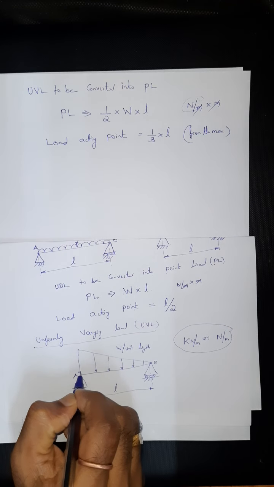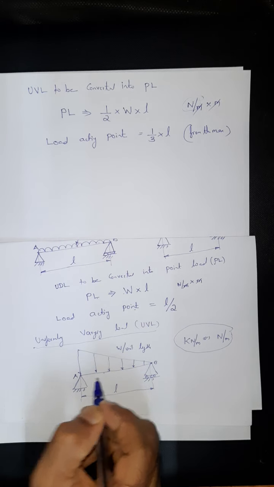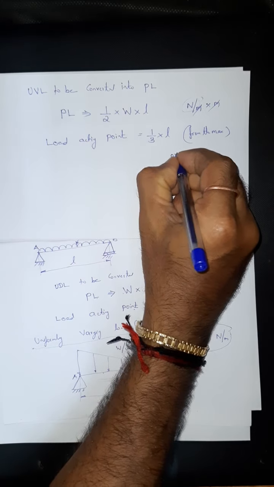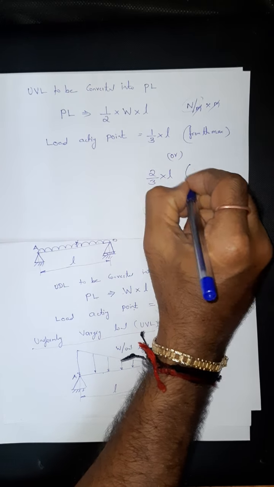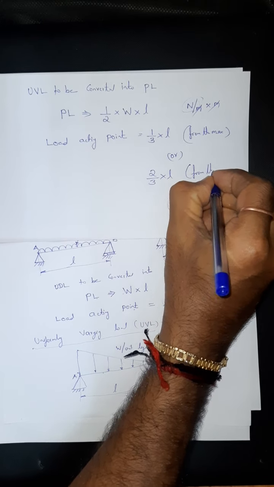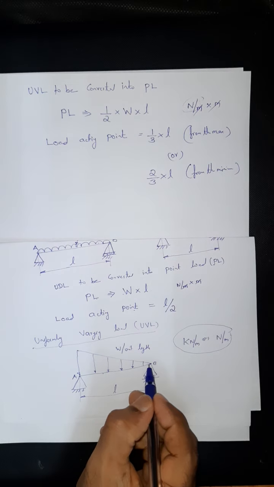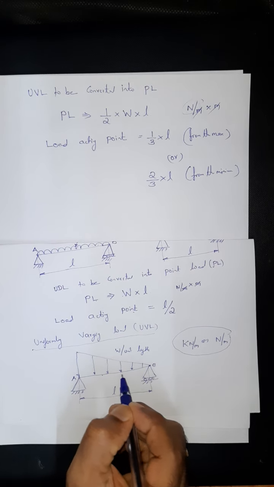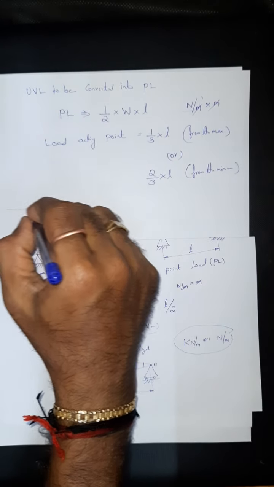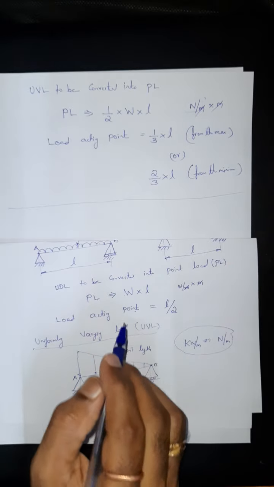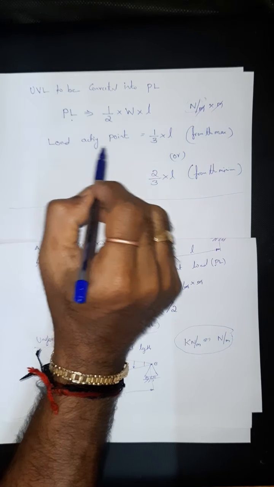So, from here if we calculate 1 by 3 into L, somewhere it will act. Or the other way, 2 by 3 into L from the minimum load, that means the minimum load is here. So, 2 by 3 into L somewhere here.